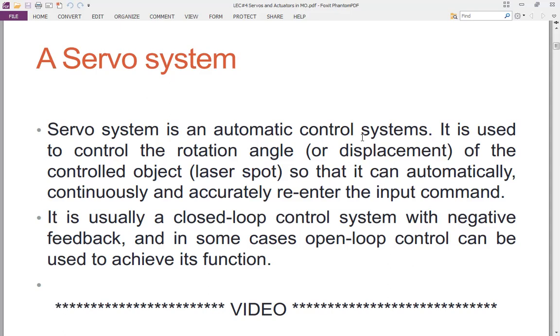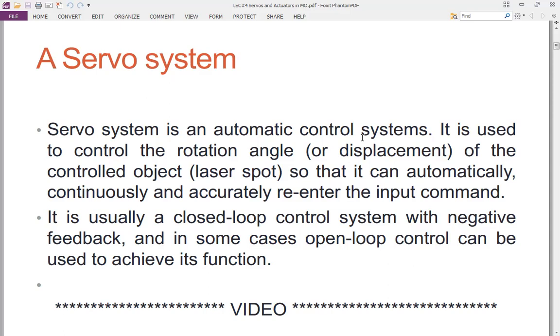But say, for example, in the case that we are talking about, a laser spot, we have already discussed what an optical head looks like, the incident path of the laser, how the laser beam travels from the laser diode to the collimator, the split beams, and so forth until it gets to the optical disc.